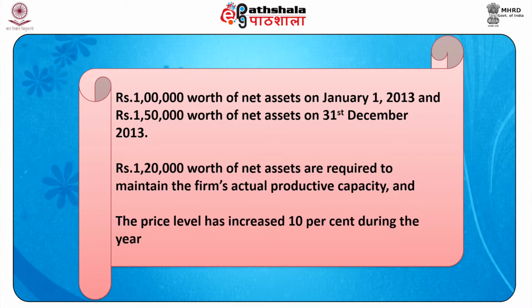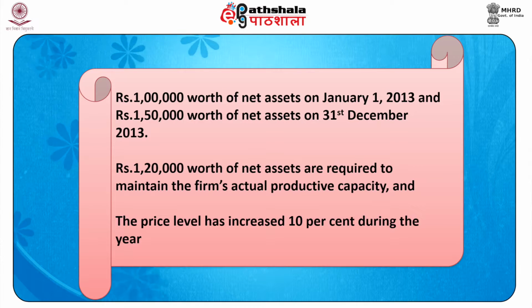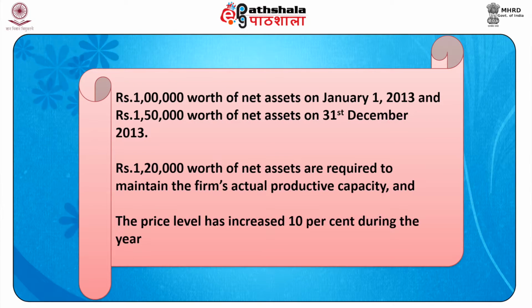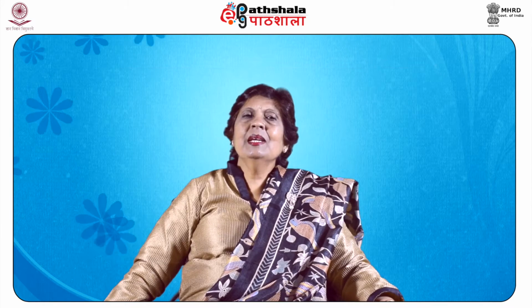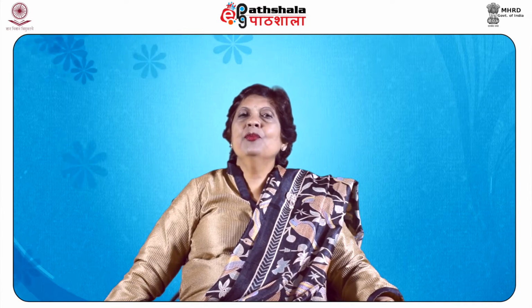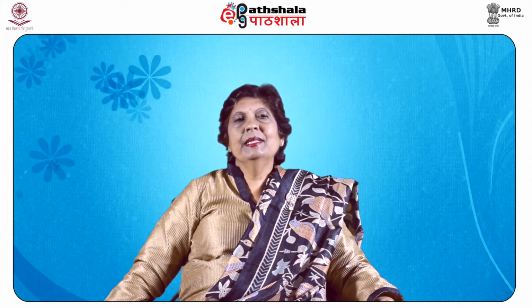Rupees 1,20,000 worth of net assets are required to maintain the firm's actual productive capacity. And 3. The price level has increased 10% during the year. Let us compute income under the four concepts of capital maintenance.